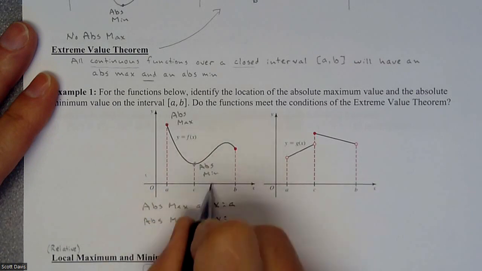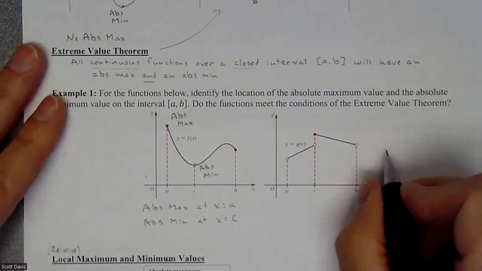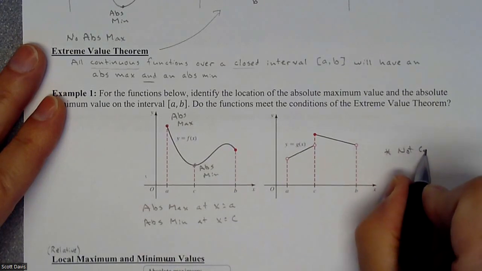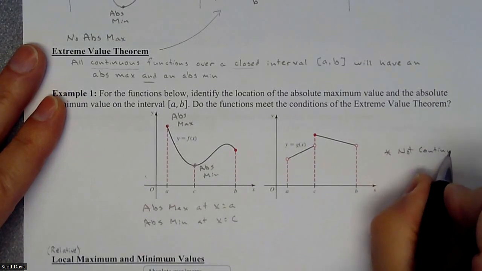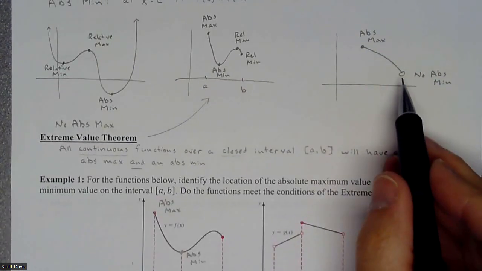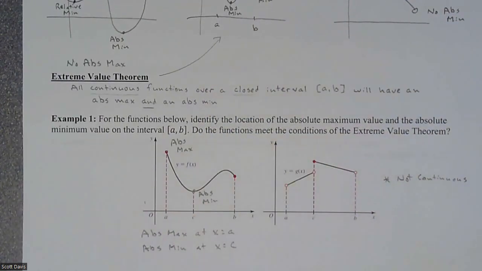Absolute max at x equals a, and absolute min at x equals c. And then here, it is not continuous, so we may not have both. Same thing here. This was not continuous, so we may not necessarily have both an absolute max and a min.